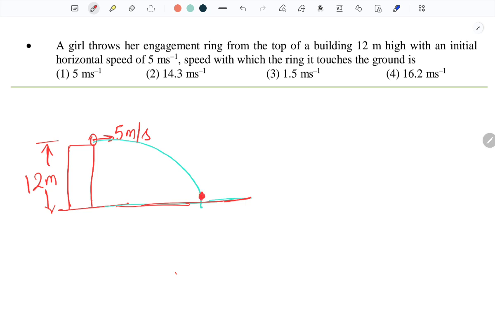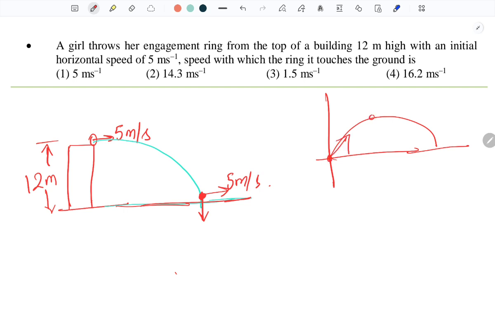When it comes here, just before touching the ground, it has two components of velocity. The horizontal component remains the same. In the trajectory of a projectile, you would have understood that the horizontal component of velocity remains the same throughout the journey.